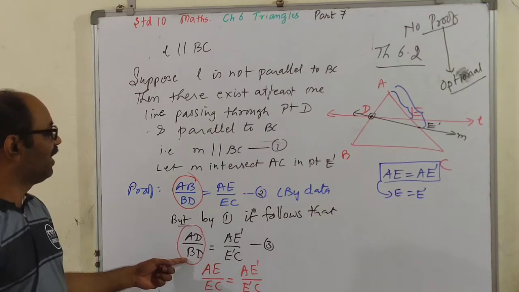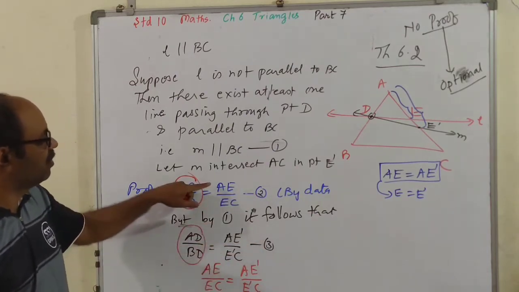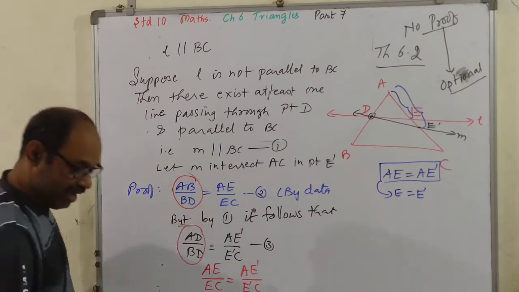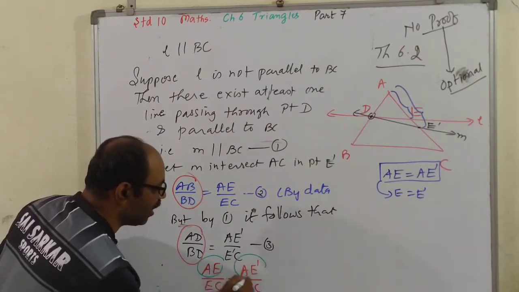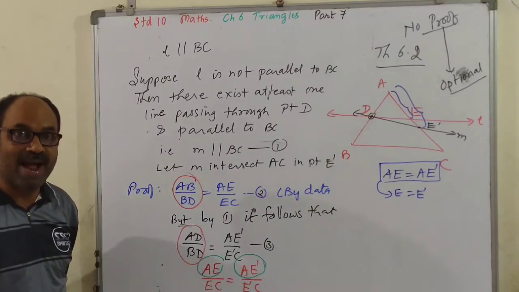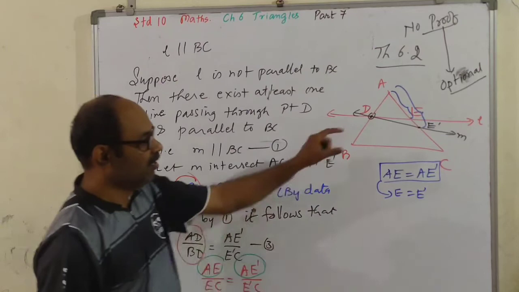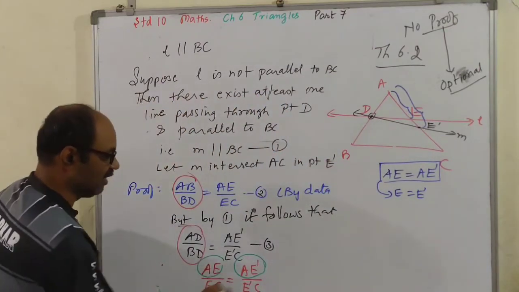Our aim is to show AE equal to AE dash. That is what we aim at. Here EC came and E dash C came. They are different, so you cannot cancel.